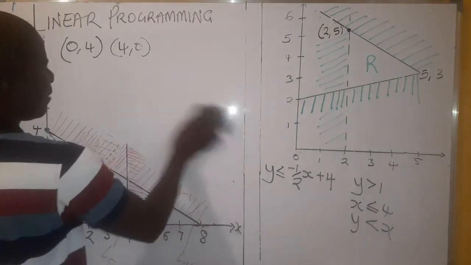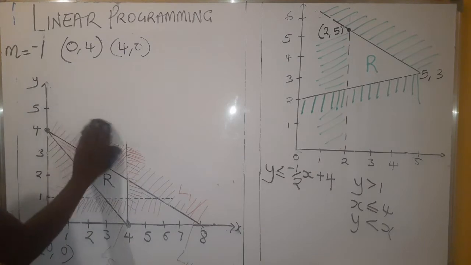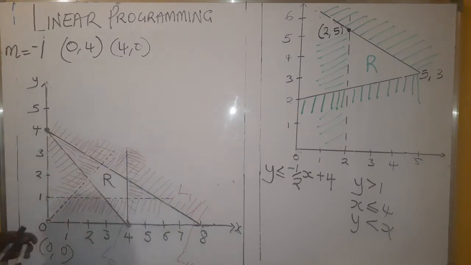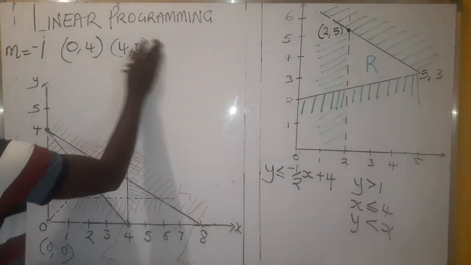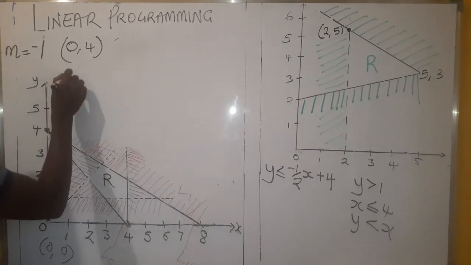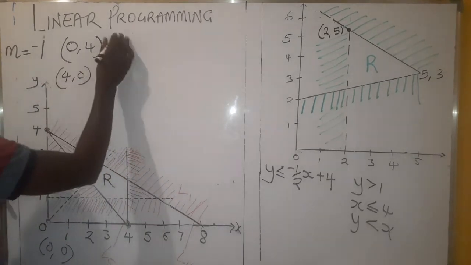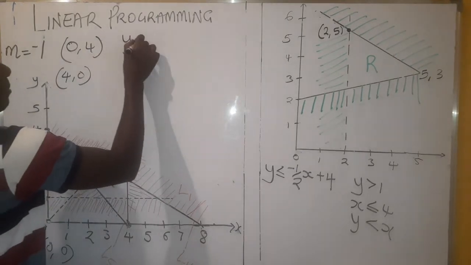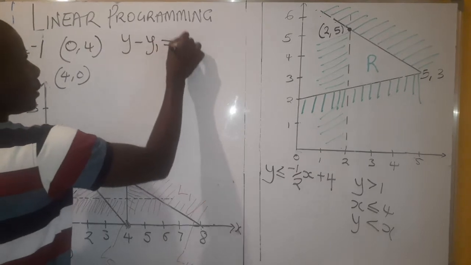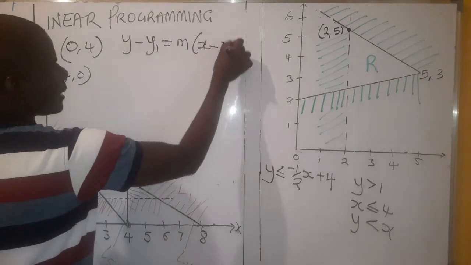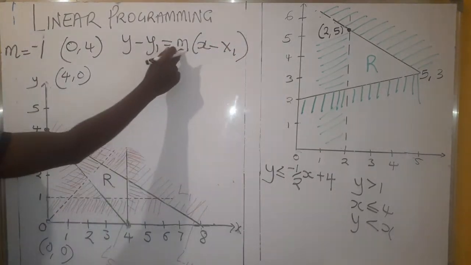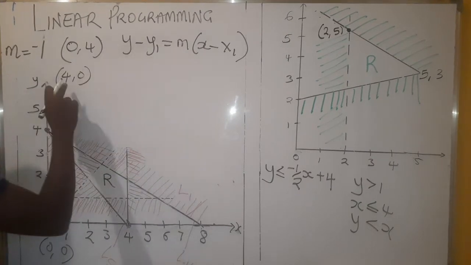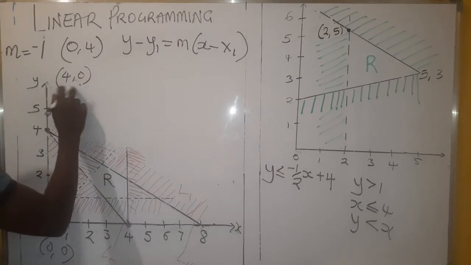After that, now we come to form the equation. How do we form the equation? Okay. The equation I explained. This point can be 4, 0. I can bring it here. The equation can be y minus y1 is equal to m(x minus x1). And I have explained this is our gradient. Then we can pick any point here.